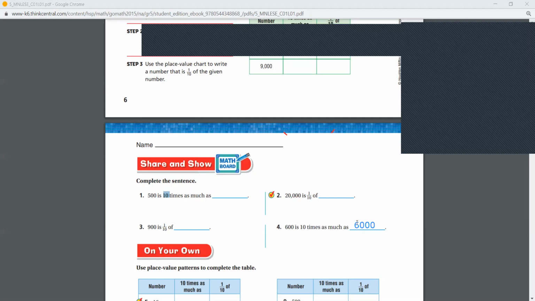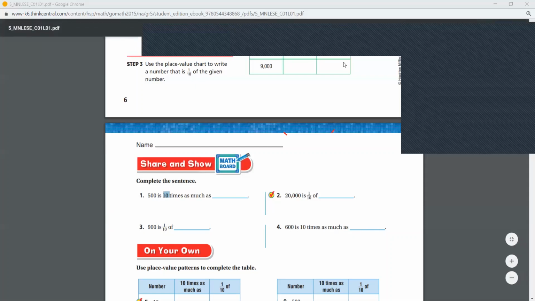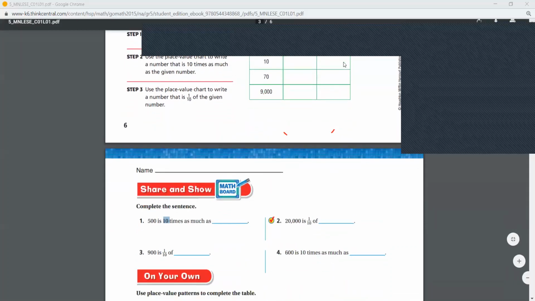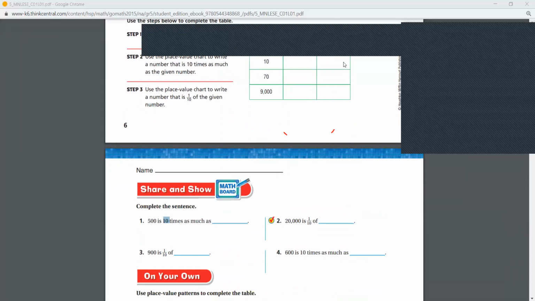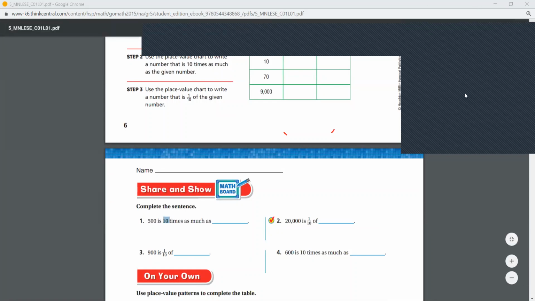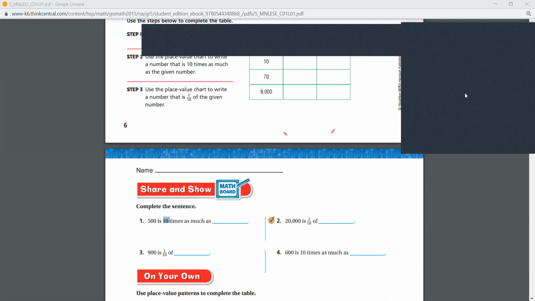I understand it now. When it says "of," like 900 is 1/10 of, they are asking you the question, so you add a zero. If there's no "of," like 2,000 is 1/10, then you just remove a zero.